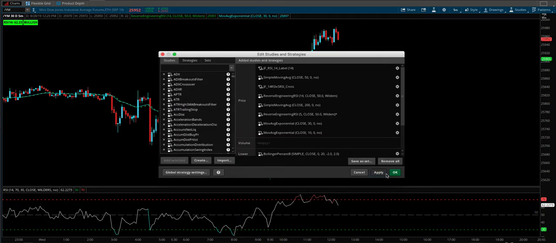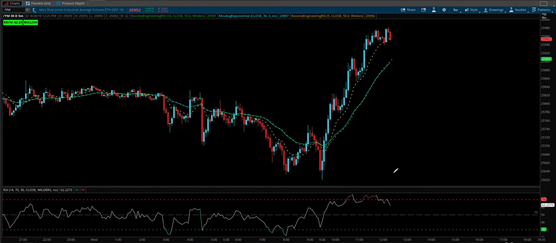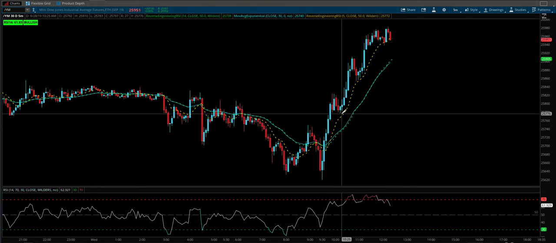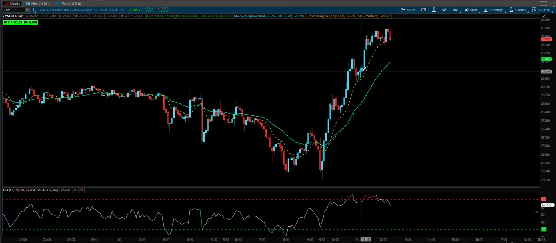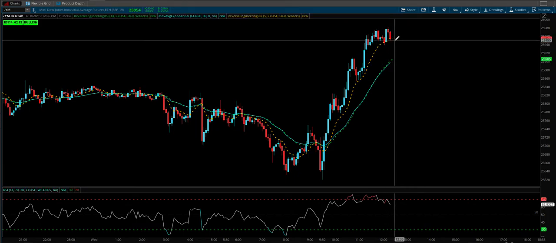And what that does is give you a quicker and closer tell on the move. So you can see here it's hugging this 5 RSI moving average on the 5-minute. And when it breaks, if I'm day trading and I'm short trading, that may be my sign to get out.